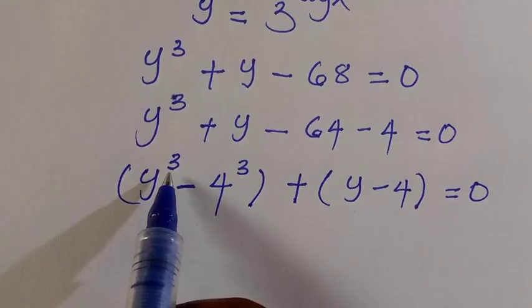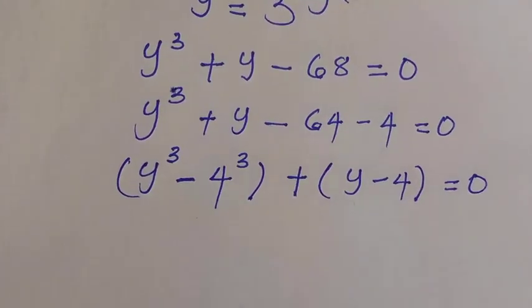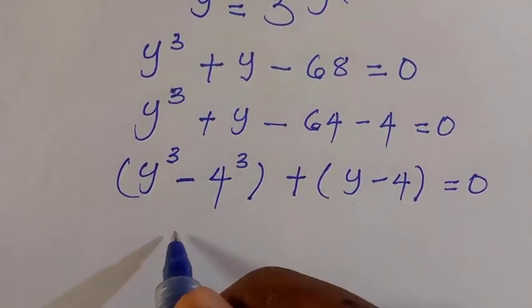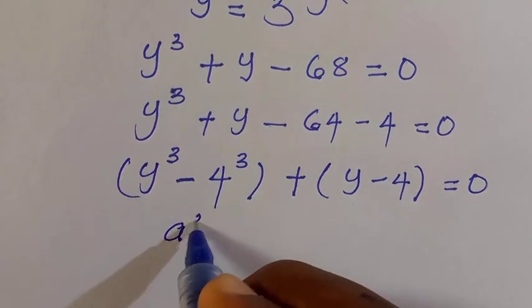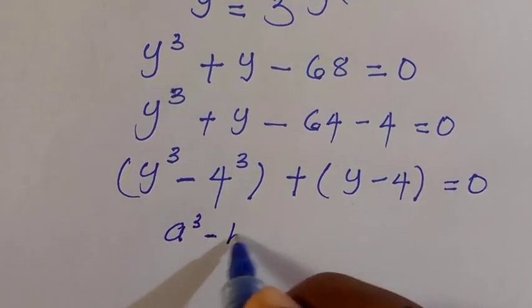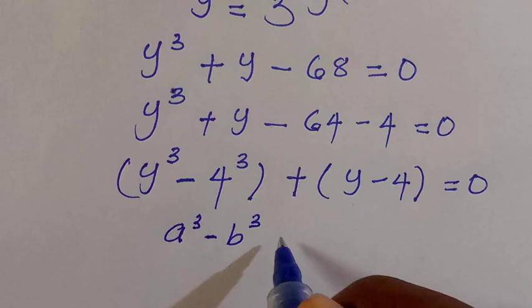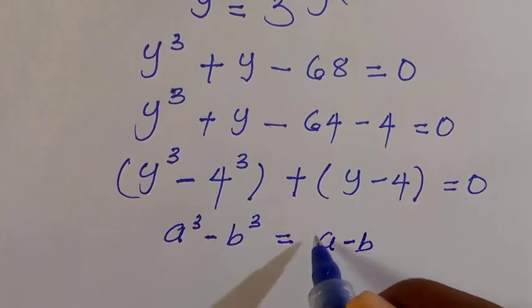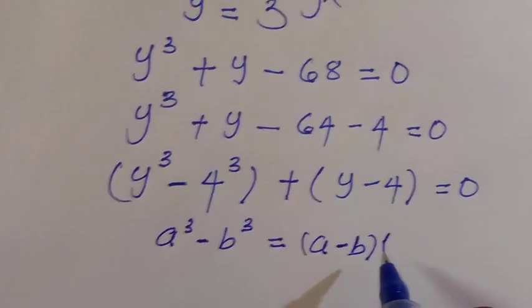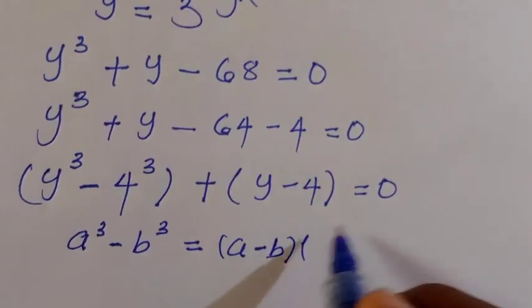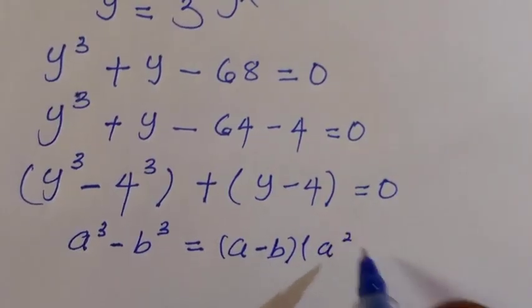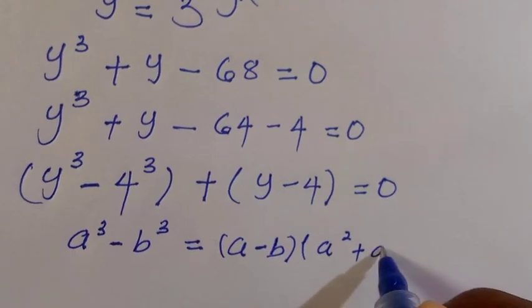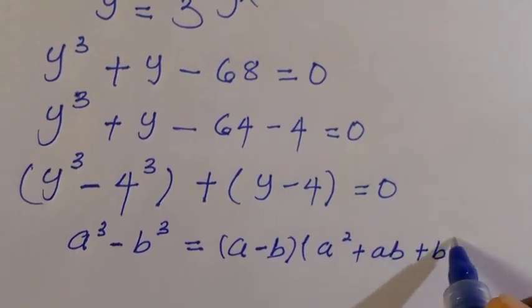Here, which is y to the power of 3 minus 4 to the power of 3, we can also write this when we compare it with this identity, a to the power of 3 minus b to the power of 3, this equals a minus b, bracket, here we have a squared plus ab plus b squared.